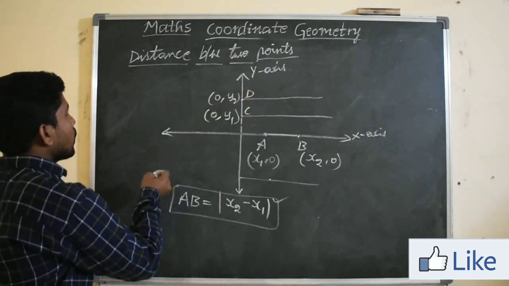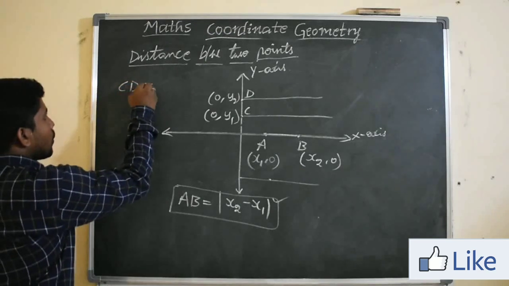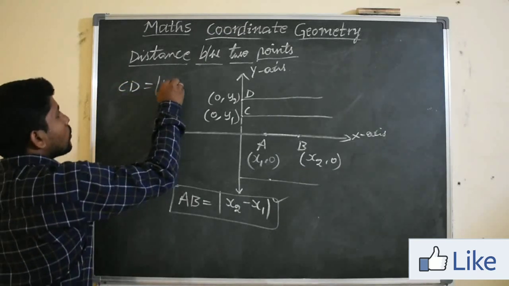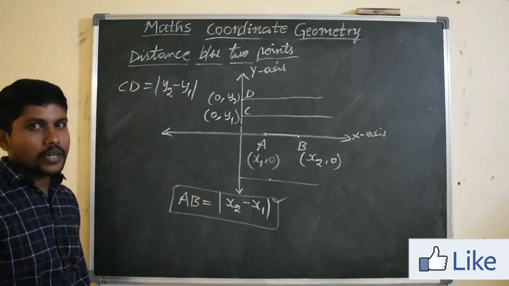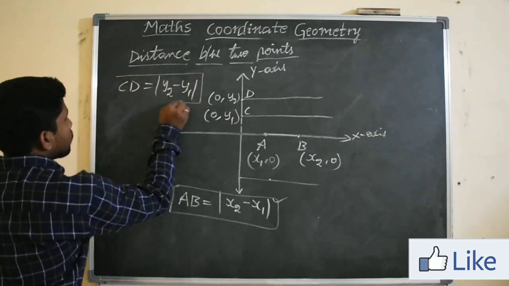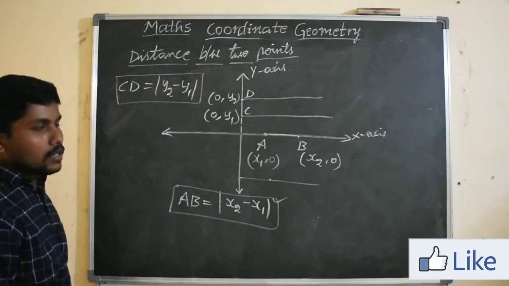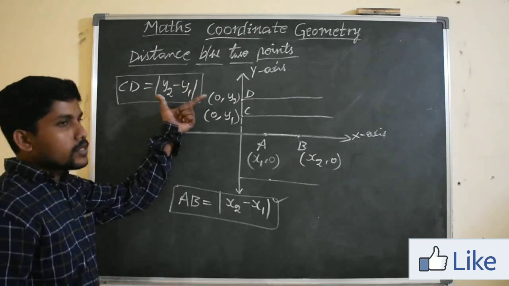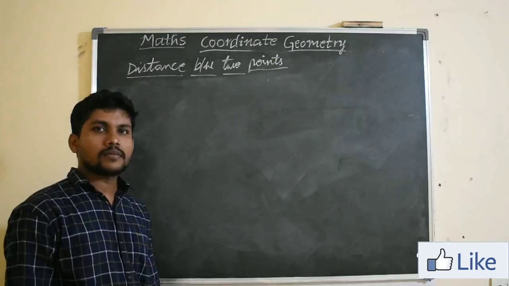Now the distance between these 2 points C and D will be modulus of y2 minus y1. This is all about the distance between 2 points.